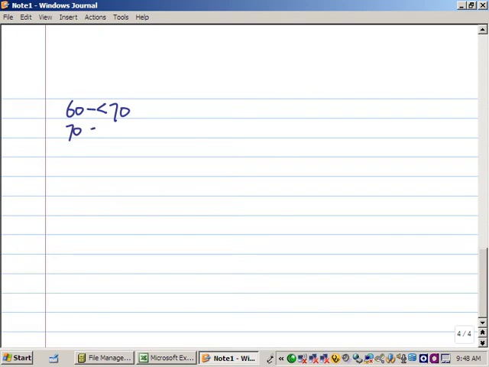Instead of the intervals I just had, let's say I had 60 through 70, which is the same, but then I had 70 through 75, 75 through less than 80, 80 through less than 85, 85 through less than 90, and then switch back to 10 unit interval, 90 to 100.